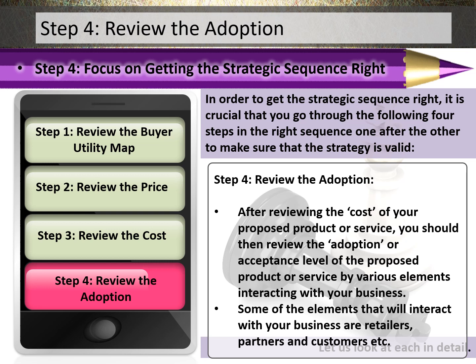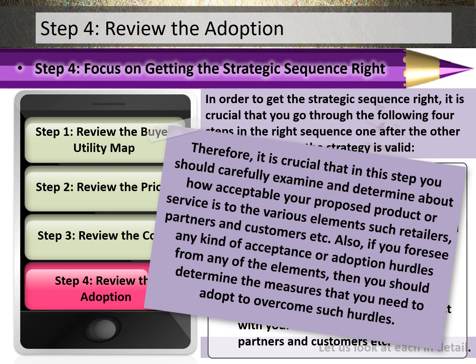Some of the elements that will interact with your business are retailers, partners, and customers, etc. Therefore, it's crucial that in this step you carefully examine and determine how acceptable your proposed product or service is to the various elements such as retailers, partners, and customers, etc. Also, if you foresee any kind of acceptance or adoption hurdles from any of these elements, then you should determine the measures that you need to adopt to overcome such hurdles.